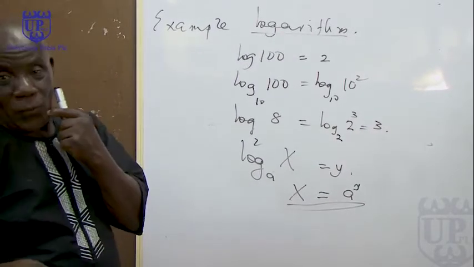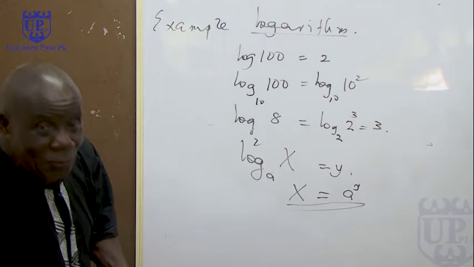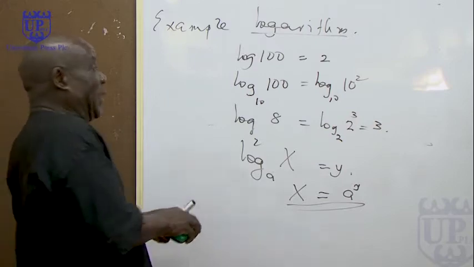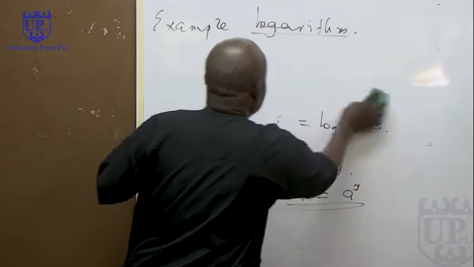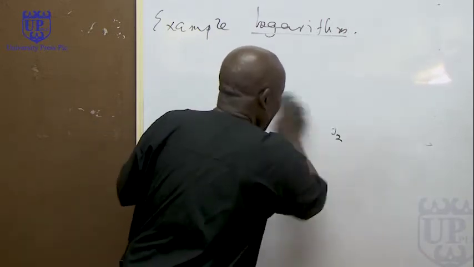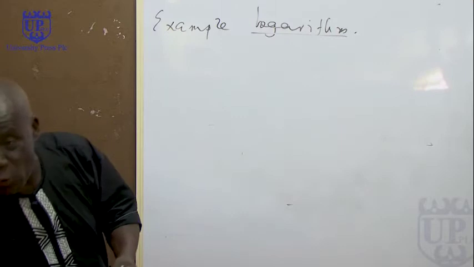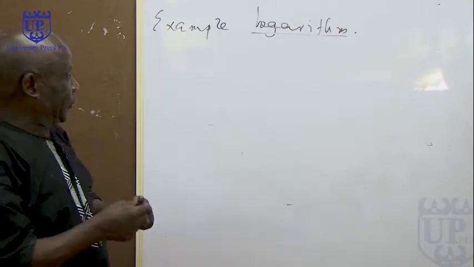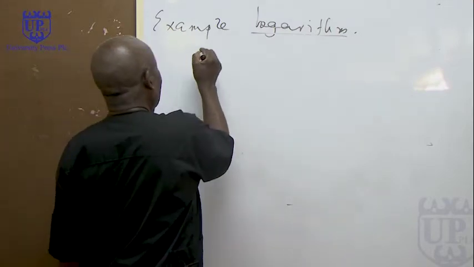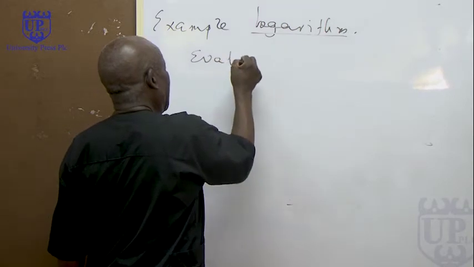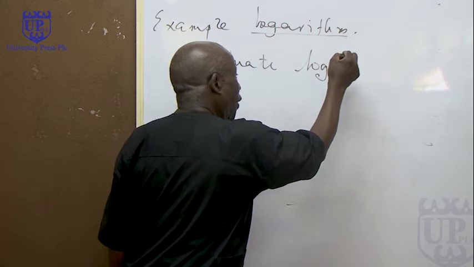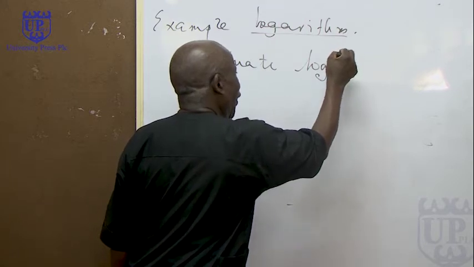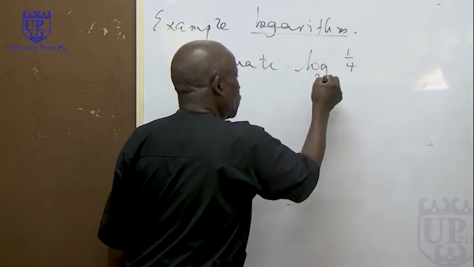Now, if you are given any questions, use the general definition, you'll be able to get the value. For example, look at this question. Some of you may think that the question is wrong, there's nothing like that. They say evaluate. They will say simply evaluate logarithm of 1 over 4 to base 2.